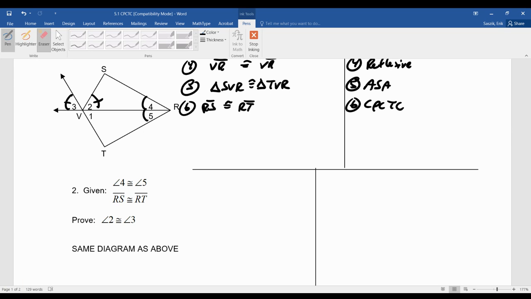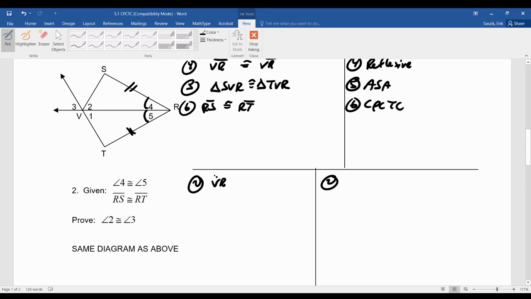Now this next problem, I apologize for using the same diagram. Angle 4 congruent to angle 5, RS congruent to RT. If you want to stop and do this on your own, I'll tell you it's a 6-step proof, okay? But anyway, I'll go ahead and do this right now.